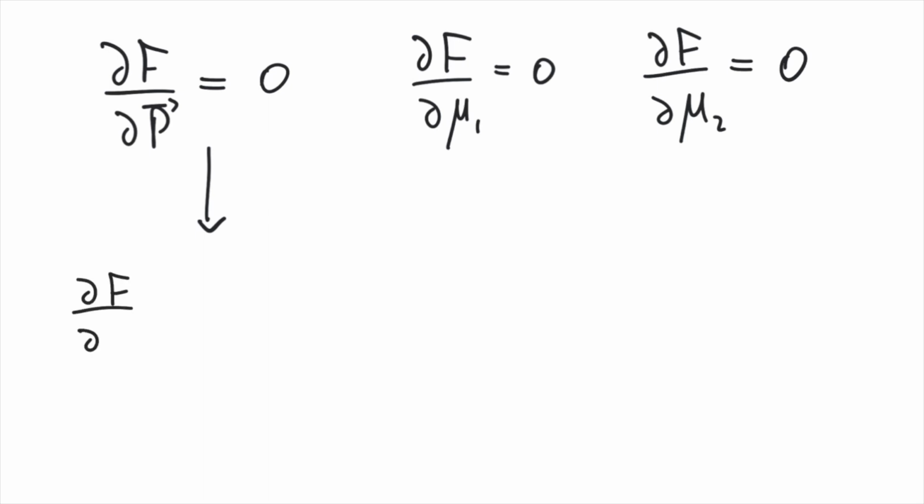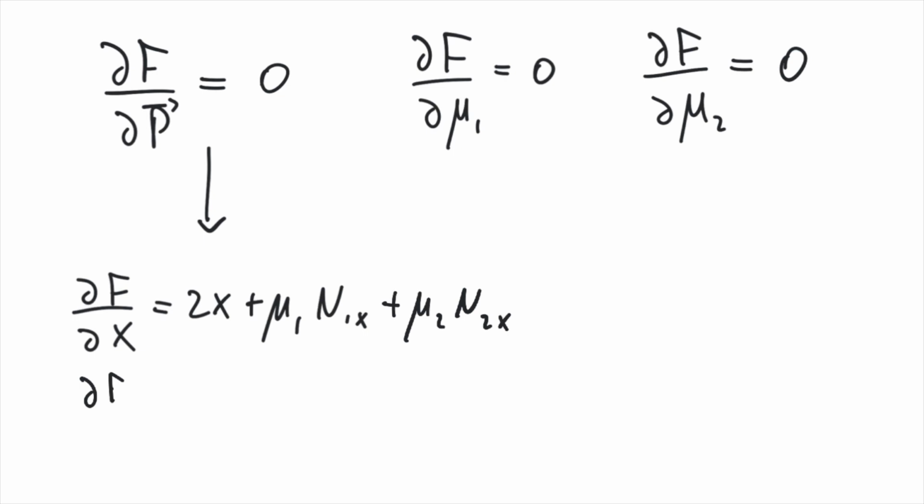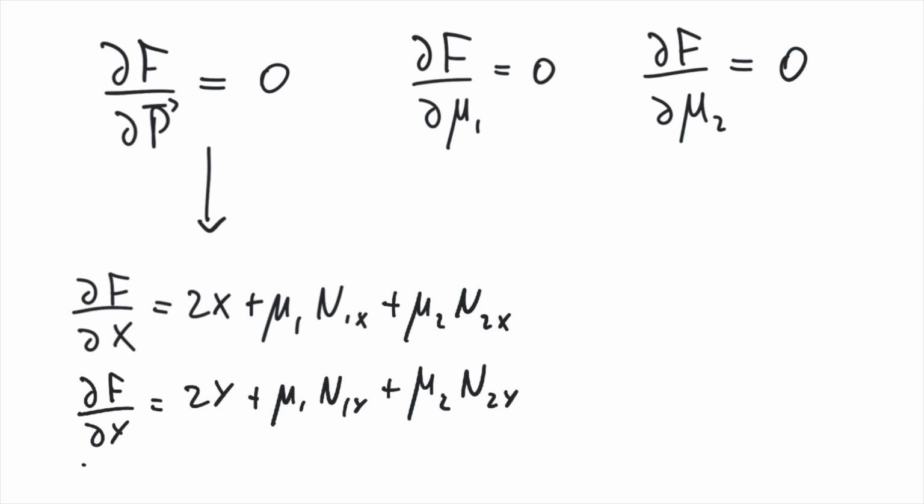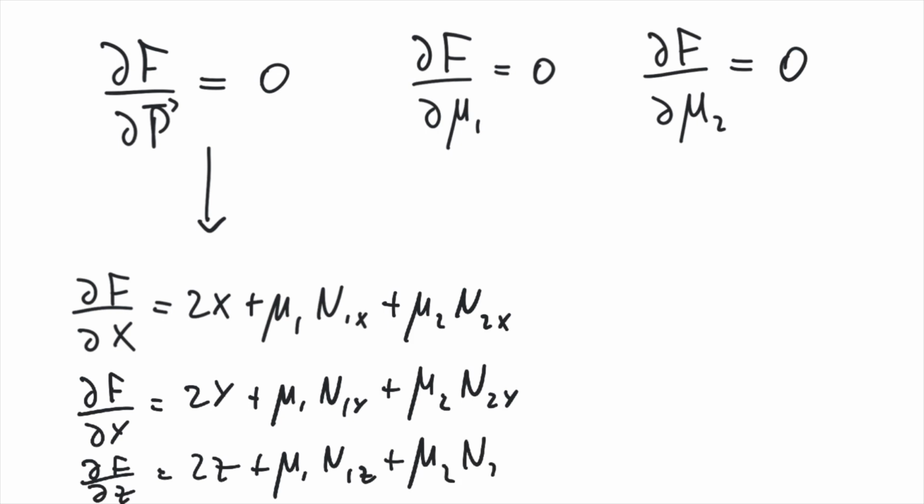The derivative of f with respect to x is nothing else than 2x plus mu1 times n1x and also mu2 times n2x. For the derivative of f with respect to y, we have something similar, 2y plus mu1 n1y plus mu2 n2y. For the derivative of f with respect to z, 2z plus mu1 n1z plus mu2 n2z.